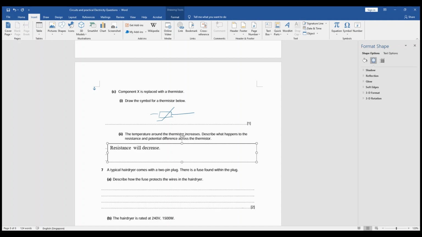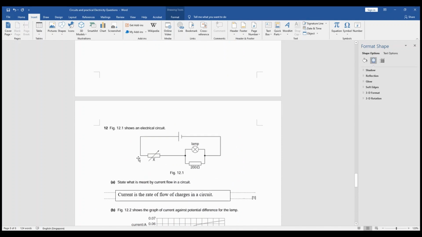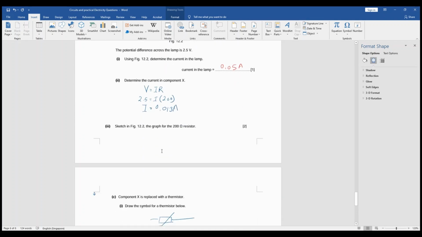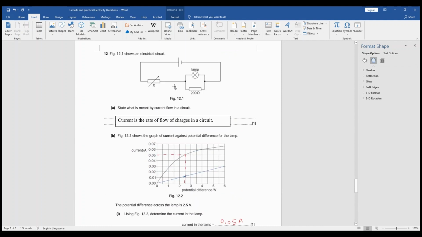And when resistance decreases, the potential difference should also decrease because of the potential divider. Component X is a variable resistor, correct? Because this is a potential divider setup. If this thing decreases resistance, you also have a lesser share of the voltage.